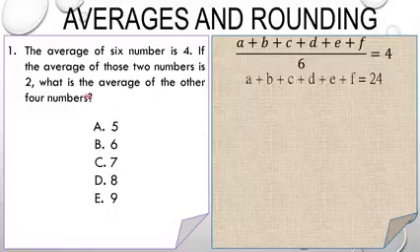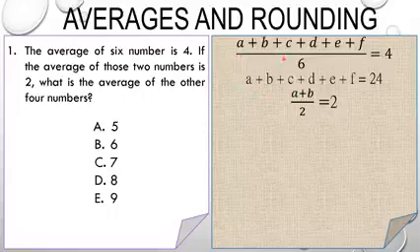Okay? But, it says here that the average of two numbers is 2. So, ipapalagay natin na yung dalawang number na yun is A and B. Sabi dito, the average of two numbers, which is your A and B, is 2. So, magdi-divide tayo ng 2 to obtain the average 2. Bakit 2? Kasi dalawa lang yung in-add natin. Okay?